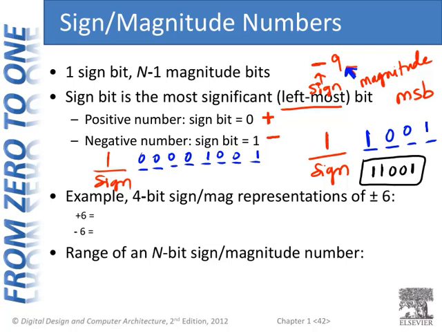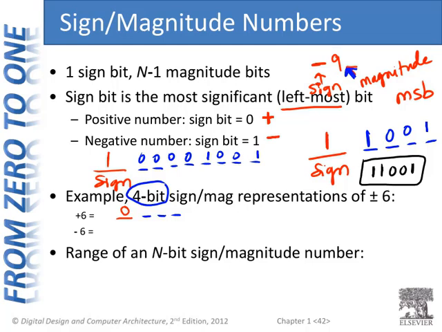So let's do another example, a 4-bit sign magnitude representation of plus 6 and minus 6. Well, for plus 6, we're going to put a 0. The number 0 means plus in the sign bit. And then we have the magnitude of 6 using 3 bits. So 4 bits refers to the entire number of bits for the entire representation.